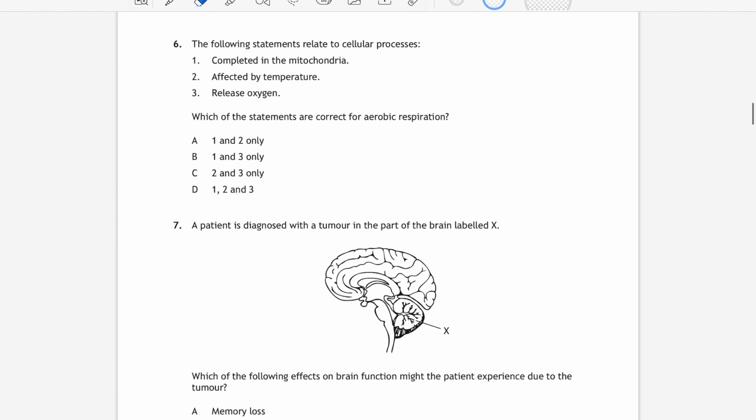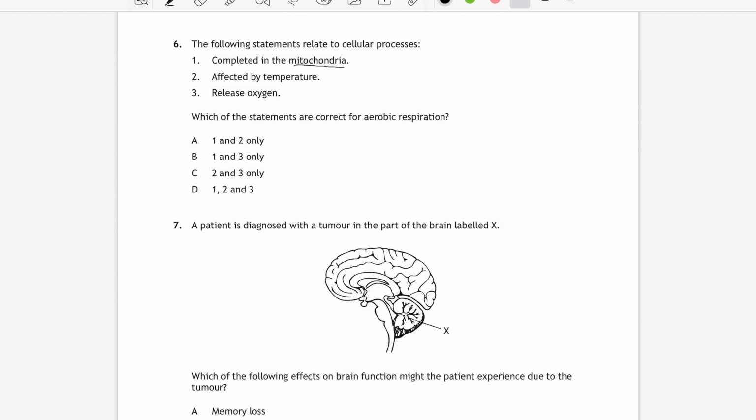So the following statements relate to cellular processes. Okay, so number 1, completed in the mitochondria, number 2, affected by temperature, number 3, release oxygen. Which of the statements are correct for aerobic respiration? Is it completed in the mitochondria? Yes, because that is a site of aerobic respiration within the cell.